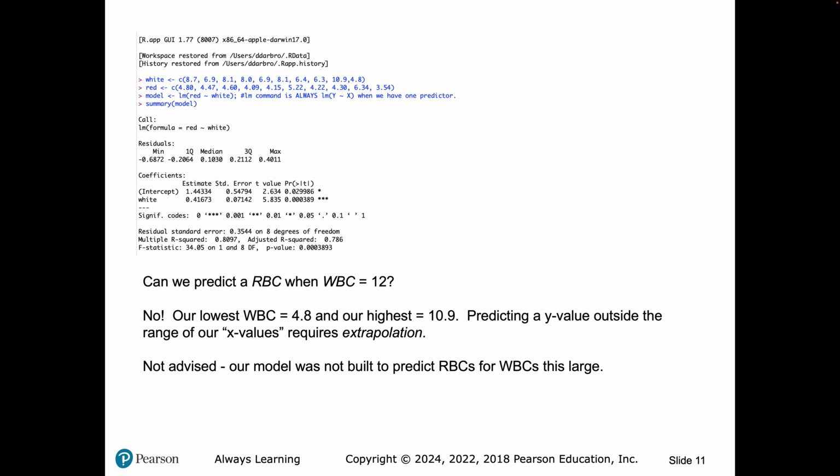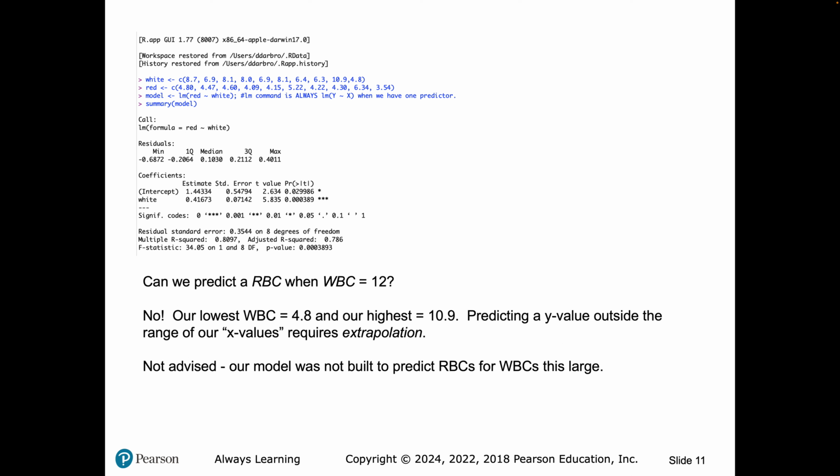So, can we predict a red blood count when white blood count is equal to 12? Well, we can't. Let me explain why. This would require what I call extrapolation. Notice that our lowest blood count was 4.8. Our highest blood count was 10.9. So predicting a Y value outside the range of the X values we have in our sample requires extrapolation.